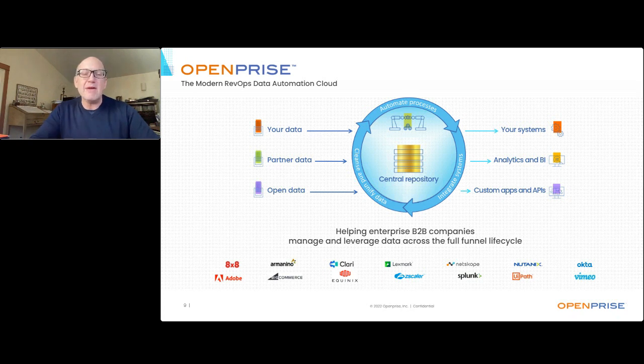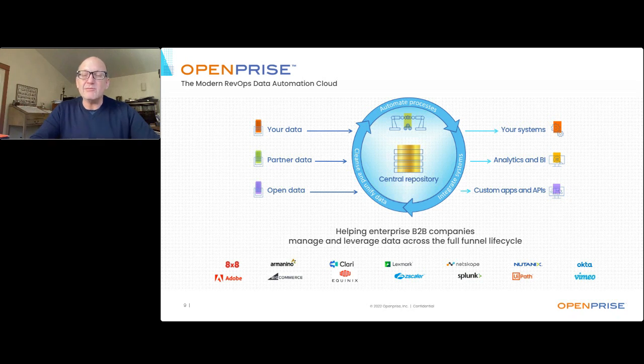Then we help with lead scoring, lead attribution, and lead routing to their territory teams. So really a full end-to-end approach. You can see at the bottom some of the great enterprise companies we're fortunate enough to work with and have for years.